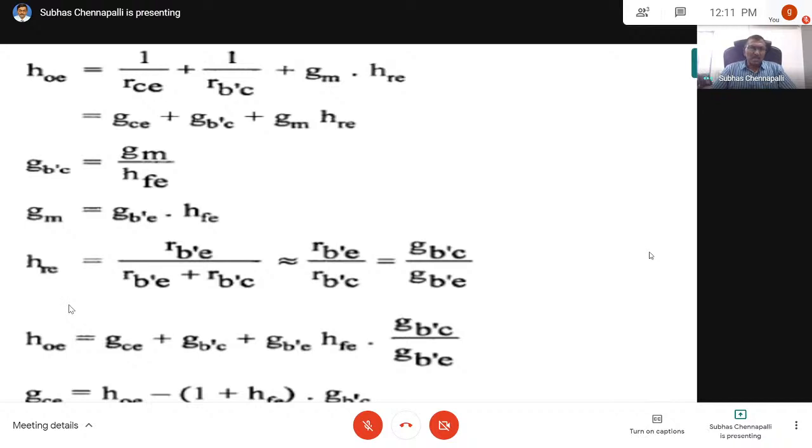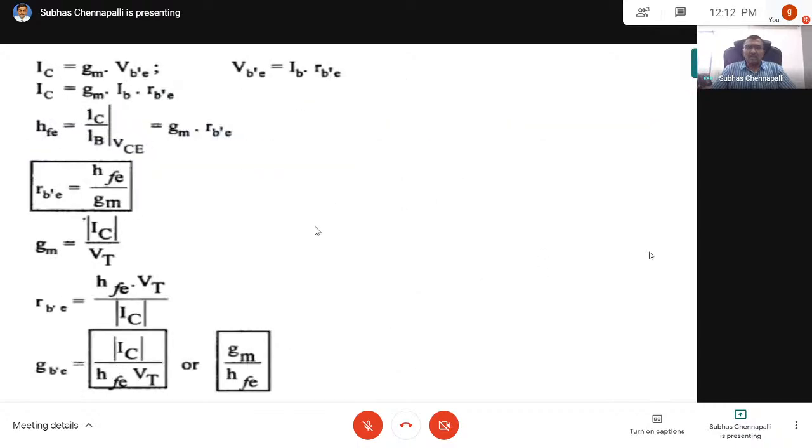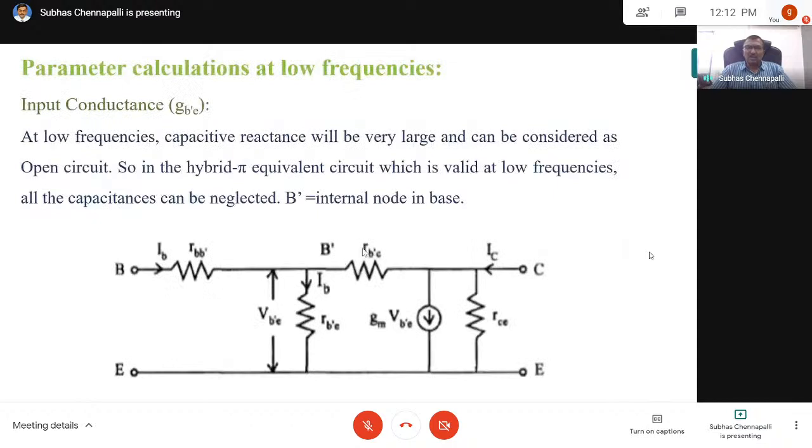GCE, finally, you get HOE, HOC minus 1 plus HFE, GB dash C. RB dash C you have calculated earlier, this one here, GB dash C is the inverse of this one.